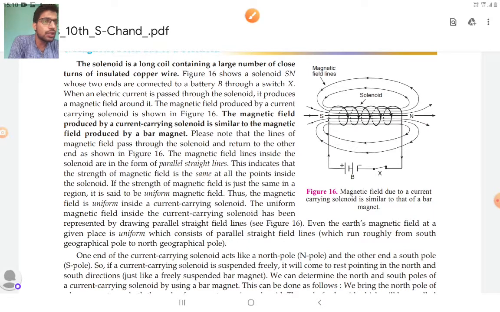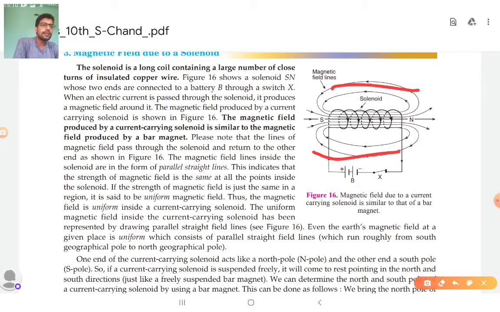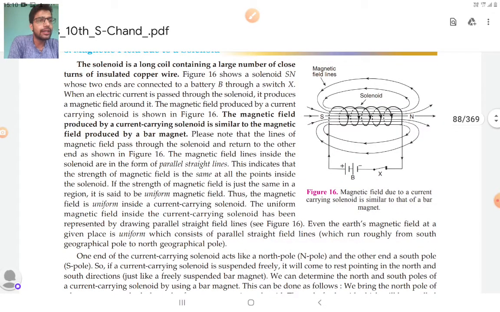But outside the solenoid, the magnetic field pattern is like this. We can say that the magnetic field strength outside the solenoid is very weak compared to inside the solenoid.